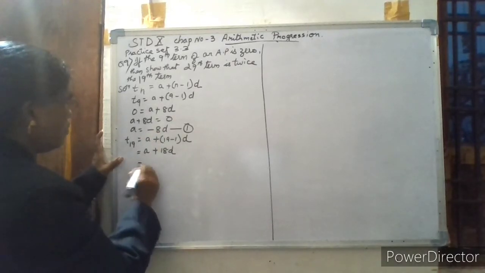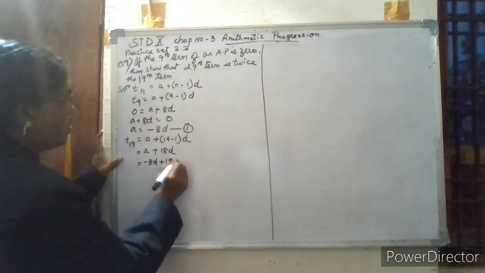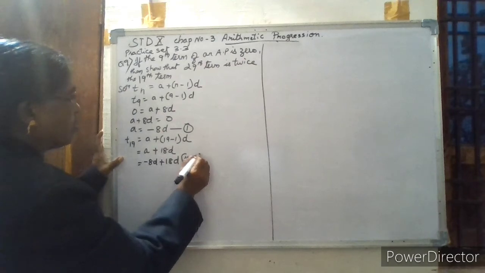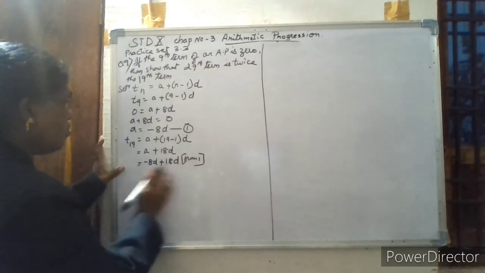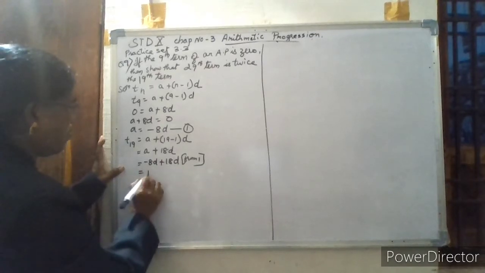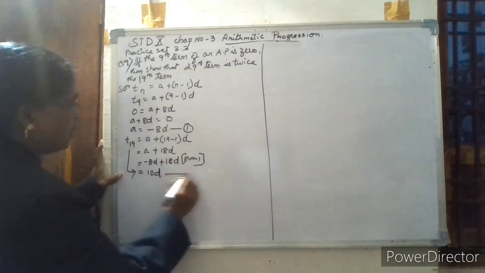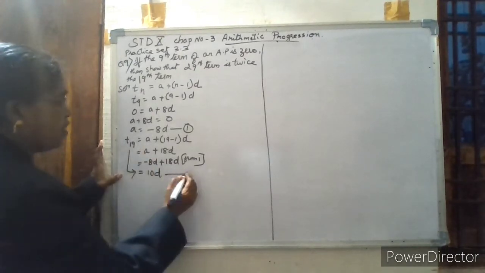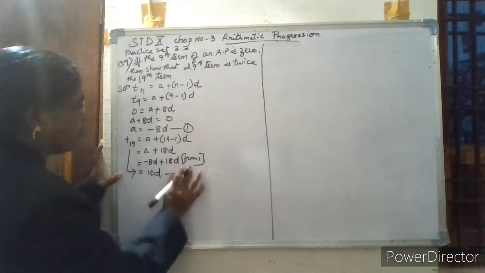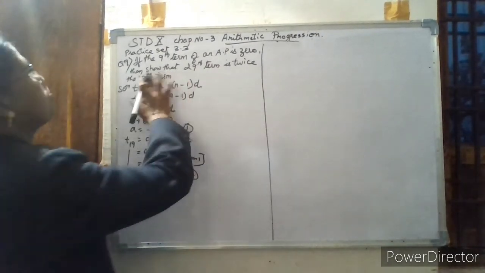So in place of a, substitute minus 8d plus 18d. If we solve it, we get 10d. So the 19th term is equal to 10d. Let us take it as equation 2.